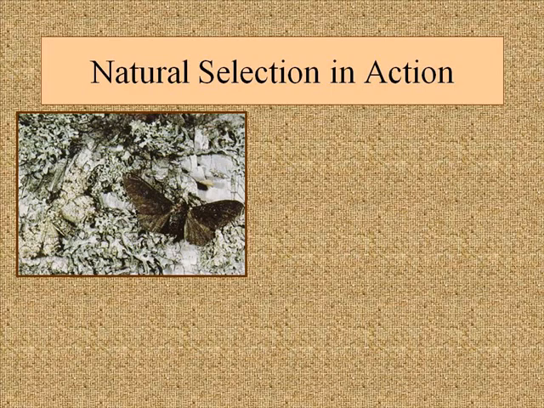In the original natural environment, the sides of the trees are very light-colored, and so the lighter-colored moths blend in better. They're better camouflaged, and so presumably the birds would choose the darker moths that stand out better. And what you'd expect to see in that environment is a larger number of light-colored moths than dark-colored moths. And in fact, that was the case.